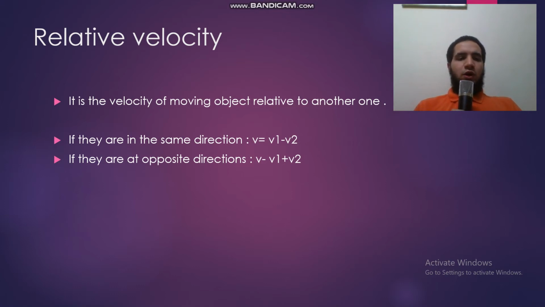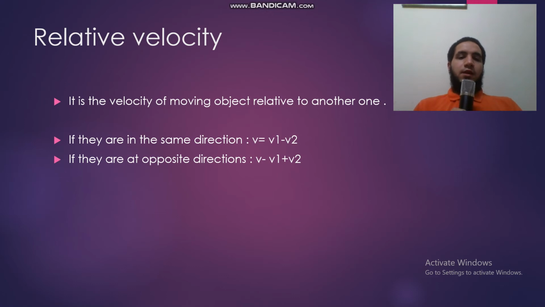So if these two objects are moving in the same direction, the relative velocity will be equal to v1 minus v2, because if you were moving beside another car moving with a velocity of 100 kilometers per hour and you are moving with a velocity of 101, you'll find that the progress is so slow that you are passing by him with a velocity of 1 kilometer only, and this is because the relative velocity of your car with respect to the other car equals v1 minus v2 equals 101 minus 100, so it will be equal to 1.